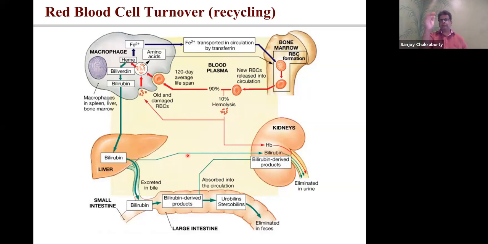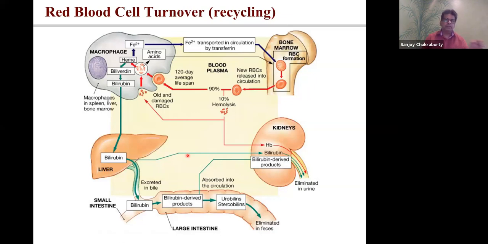When the blood cell is under wear and tear and dying off after its job is done, after 100 to 120 days, macrophages take them in and break them. Amino acids are recycled. From the heme, they take out the iron and recycle it. The heme changes into biliverdin, biliverdin changes into bilirubin, and then they transport it.